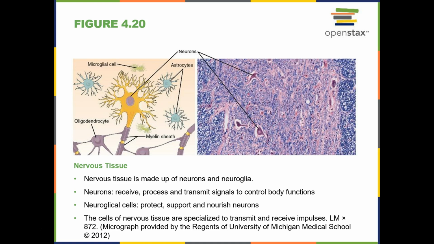We have neuroglial cells that just help to maintain the chemical environment of the cell body. So they have lots of different functions. Neurons typically don't undergo mitotic divisions. In general, neurons can't. But neuroglial cells can.